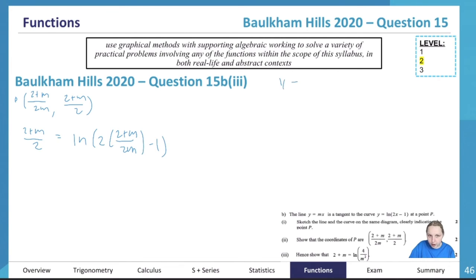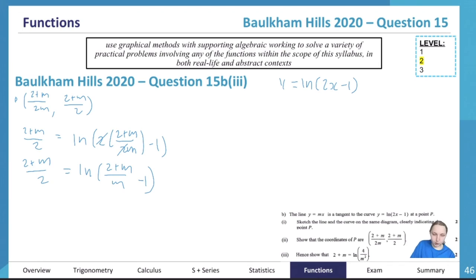Essentially, thinking about the fact y equals ln 2x minus 1, we're just subbing our y point and our x point into that equation. From there we can simplify: 2 plus m on 2 is going to equal ln 2 plus m on m minus 1, when we just cancel our 2's out there.